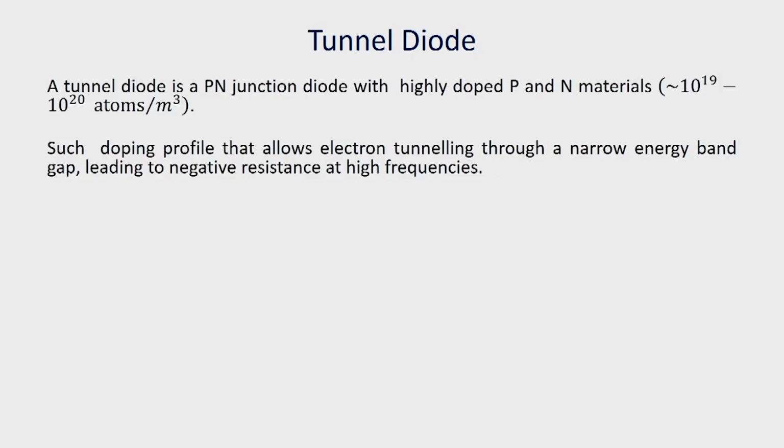The doping concentration is of the order of 10 to the power 19 to 10 to the power 20. Such doping profile allows electron tunneling through a narrow energy band gap, leading to negative resistance at high frequencies.